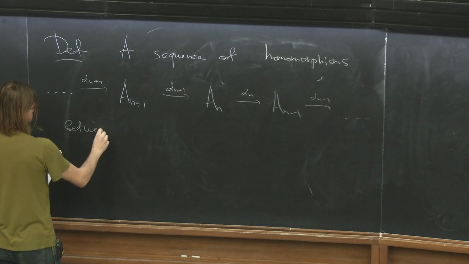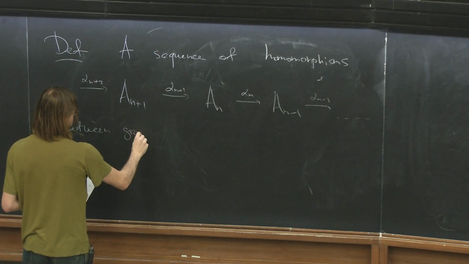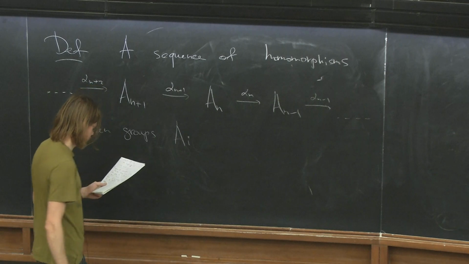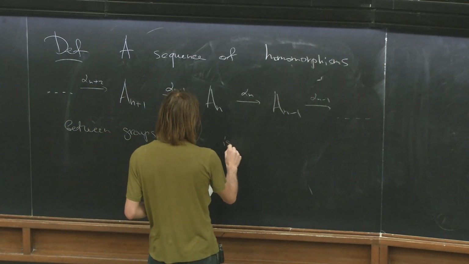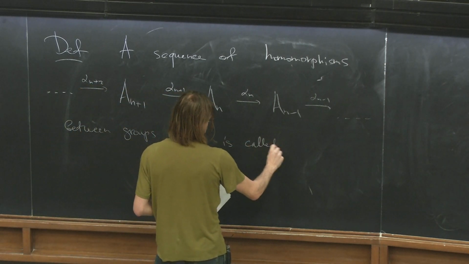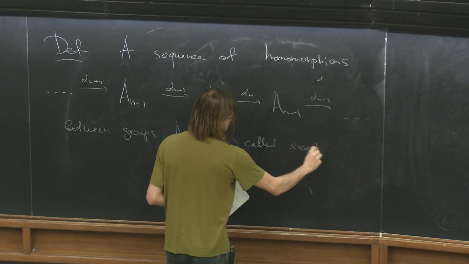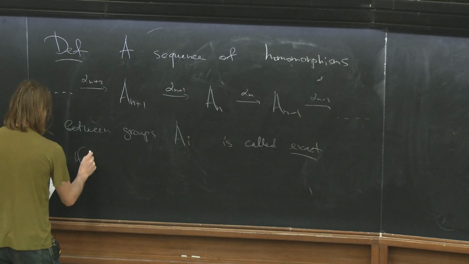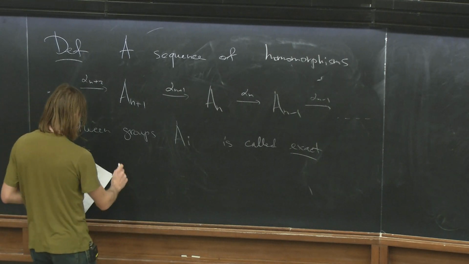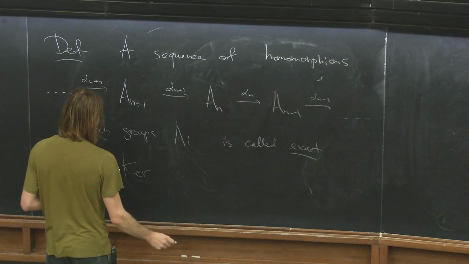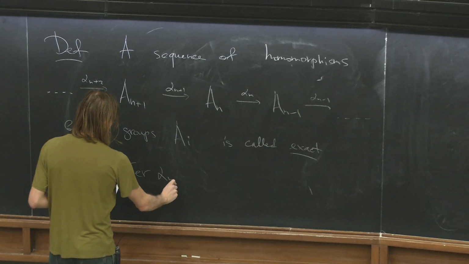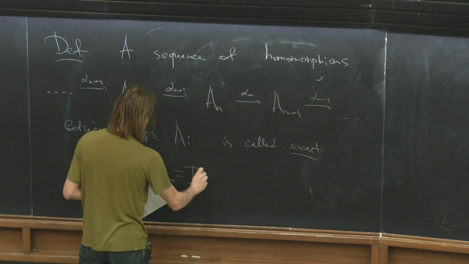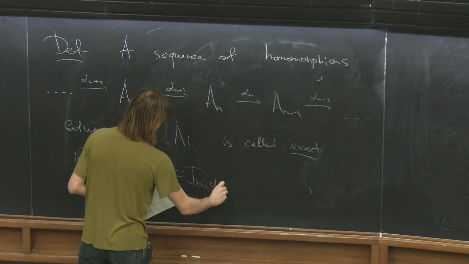Between groups, a sequence is called exact if and only if, by definition, for each n, the kernel of alpha n is equal to the image of alpha n minus 1.